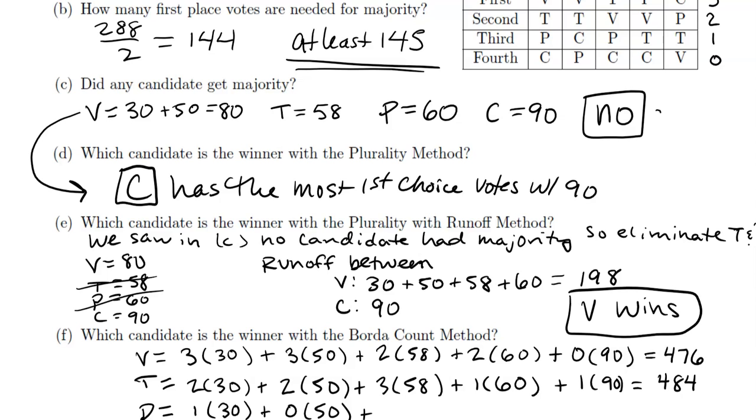They then go to second place. Oh, no, sorry, third place here. So 1 point times 58. And then P jumps to first, so 3 points times 60. And then they jump to second place, so 2 points times 90.